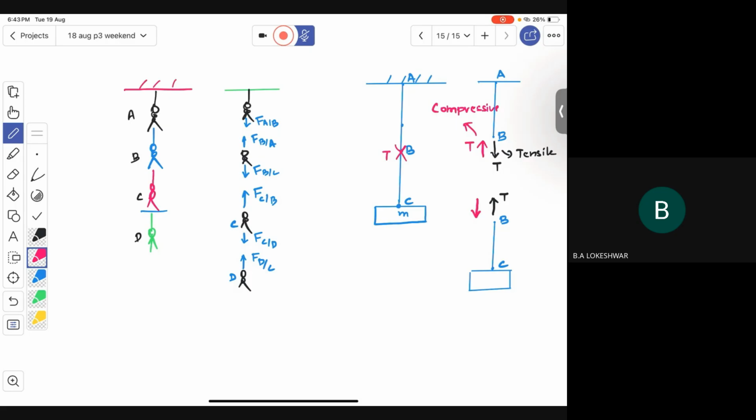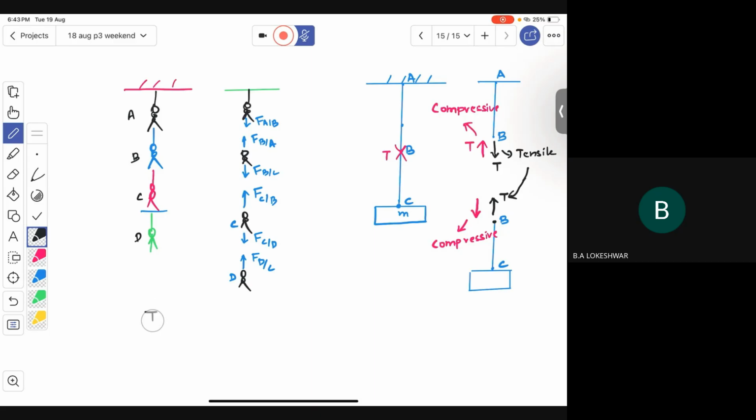So either it may act down at point B or upward at point B. If it acts down, then that force acting on BC will be trying to compress BC, which is not allowed. It should be tensile in nature. So if I draw that force upward, then only it is tensile in nature. I hope you got the point, how I have drawn tension at point B on section AB and BC separately.